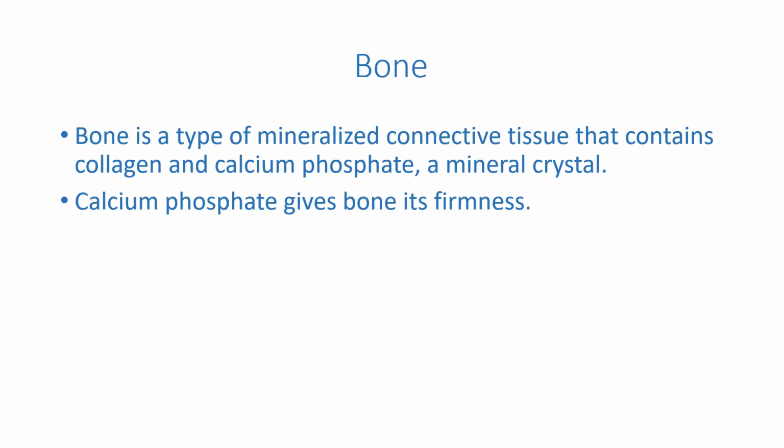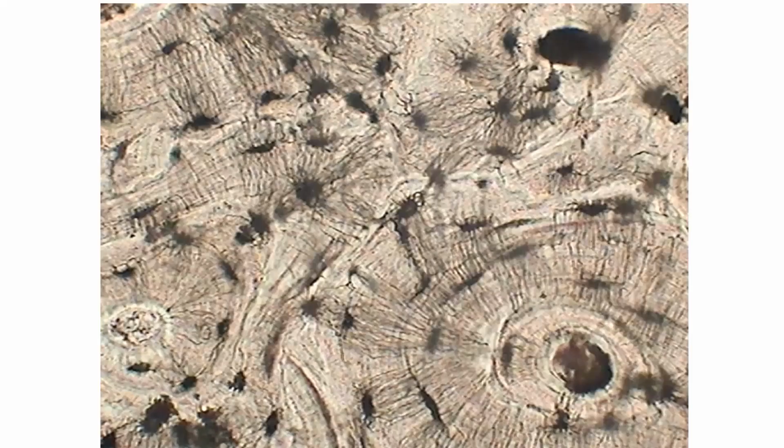Bone's different. Bone also has a matrix. The bone matrix is even harder. It's made of calcium and phosphorus. It's mineralized. It's a crystal, but it has lacunae with living cells in there. We have osteoblasts, bone builders. Osteo is the prefix for bone, just like chondro is for cartilage.